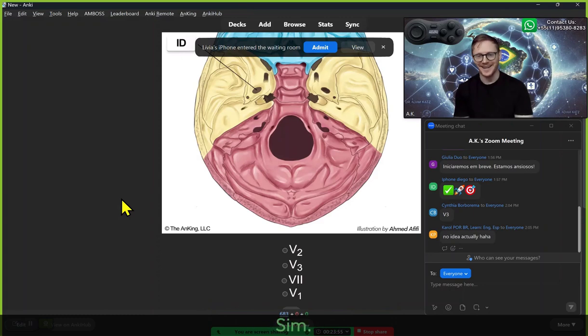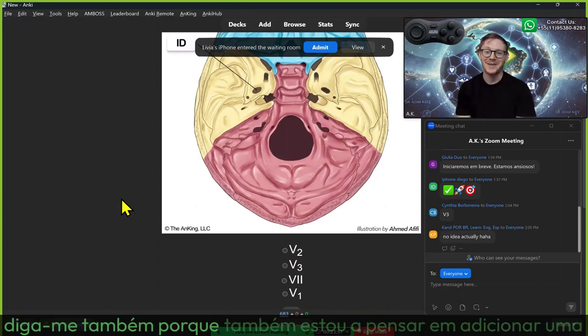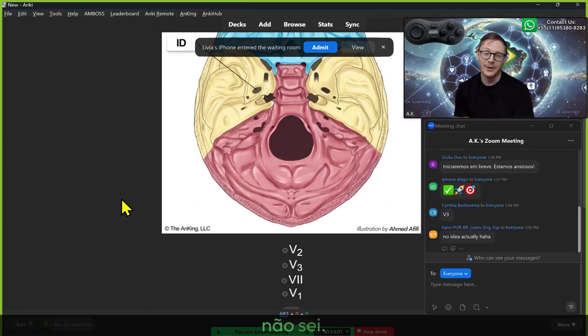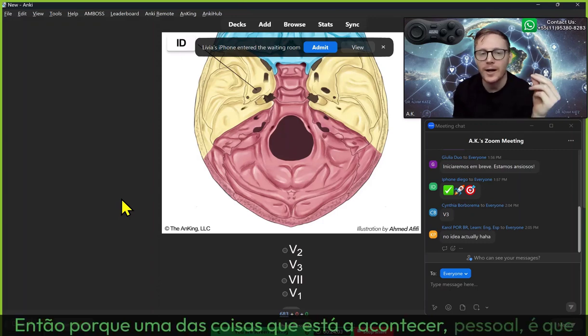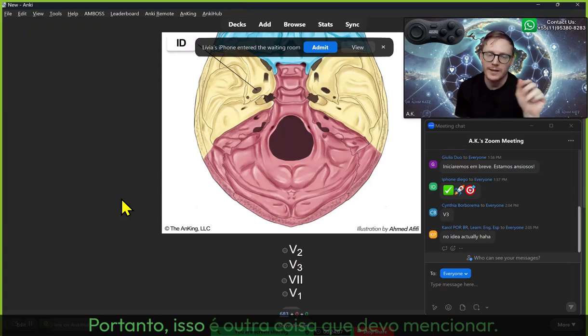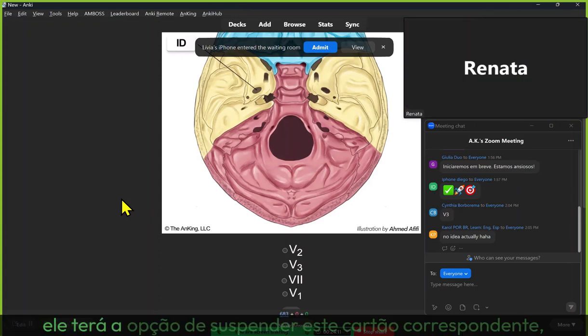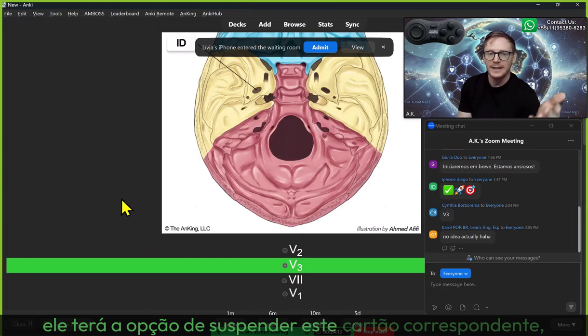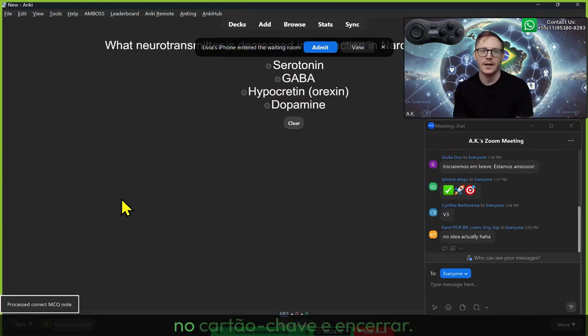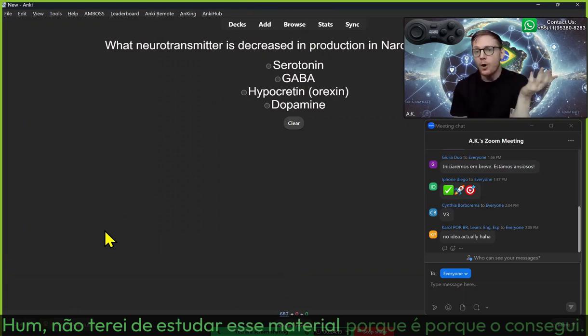No idea. Great. If you don't know, let me know too, because I'm also thinking about adding an option where you can press a button and say I don't know. One of the things going on, guys, is I'm sorting my Anki cards that aren't multiple choice. So that's another thing I should mention. If I choose V3, it will have the option of suspending the corresponding Anki card, and I won't have to study that material because I got it right.